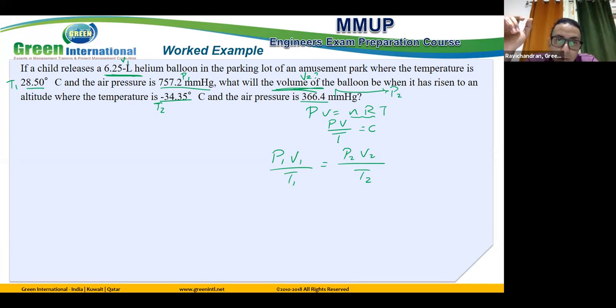This one is plus 273, this one is plus 273, so in this case we can't cancel 273 from the two sides. So it is a must to change from Celsius to Kelvin. Pressure, no problem, just keep it in the same units. Volume as it is, no problem. The same: this V1 is in liters, so we can get V2 in liters, no problem also.